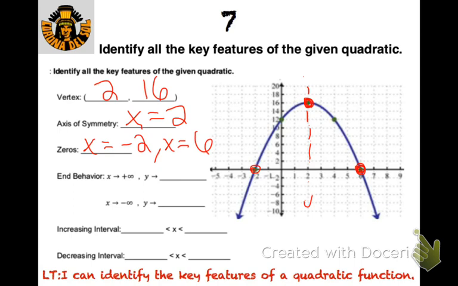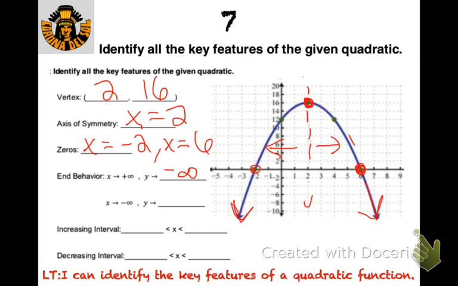As x approaches infinity, meaning as we're moving this way, what's happening to the y values? Well, the y values are getting smaller, they're going down, and so they're approaching negative infinity. And then as x approaches negative infinity, that means x is going this way. What's happening to the y values?